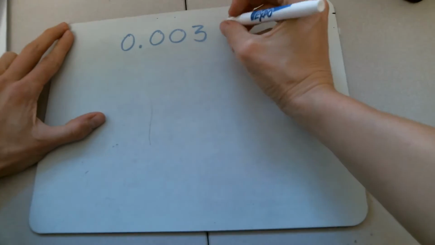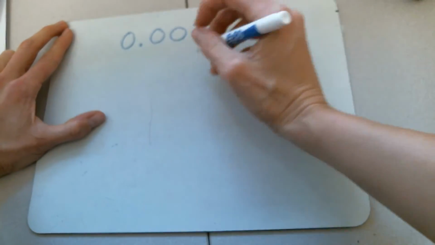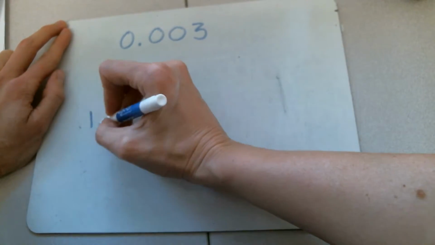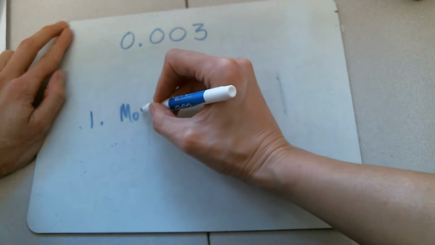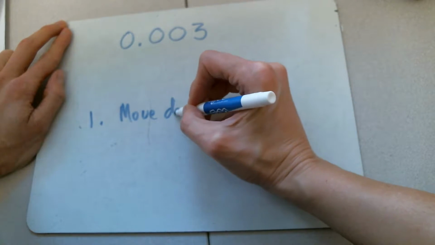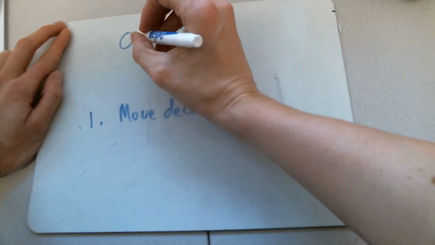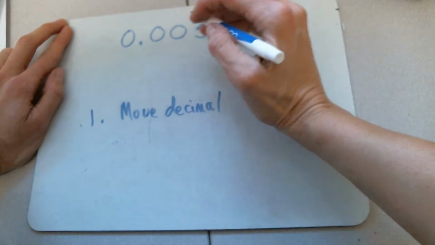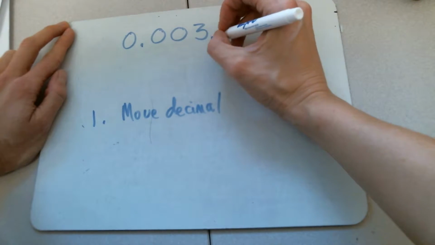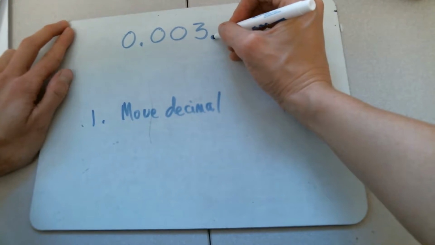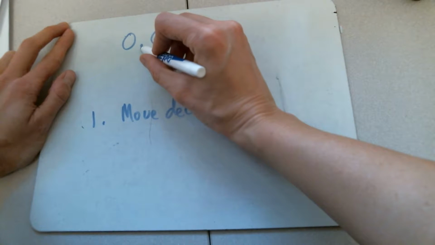If I'm dealing with a smaller number, let's say I have this number, 0.003, and I want to write this in scientific notation, my first step's going to be the same. I move my decimal. Okay. Here I'm going to move it behind the 3, right? I want 1 digit that's not 0 in front of the decimal. So I'm going to move it from here to here.